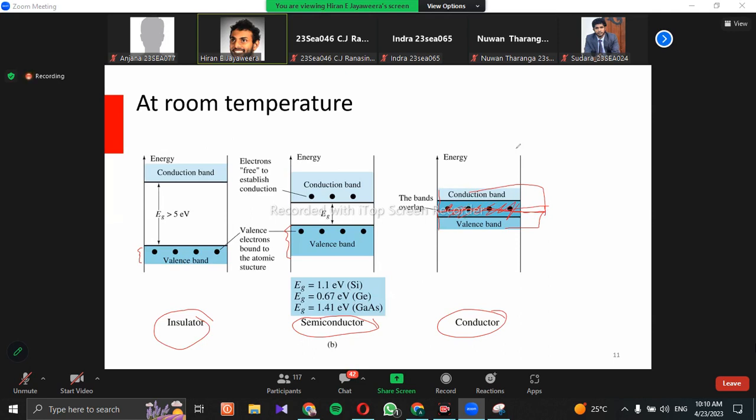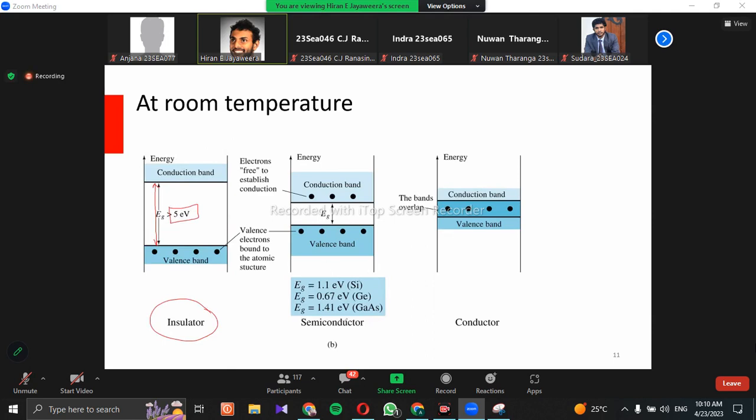Some of the electrons are readily in this one. Now, this energy difference is what we call the band gap. For insulators, the band gap is very large and is measured in electron volts. It is larger than 5 electron volts in most cases.